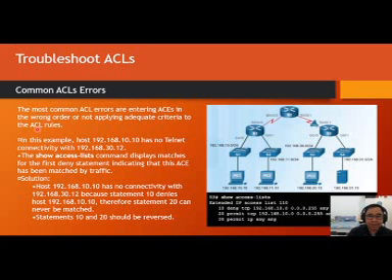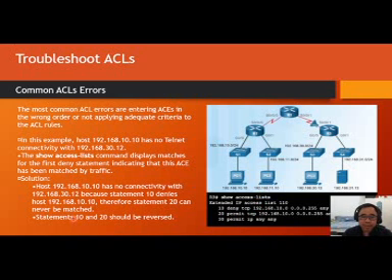Common ACL errors are entering ACEs in the wrong order or not applying adequate criteria to the ACL rules. In this example, the host 192.168.10.10 has no telnet connectivity with 192.168.30.12. Deny TCP, as you can see from this.